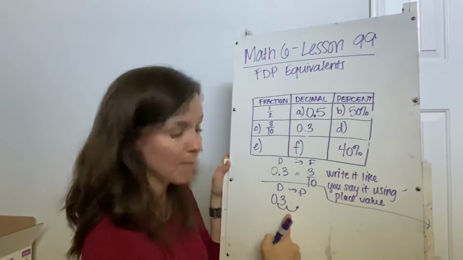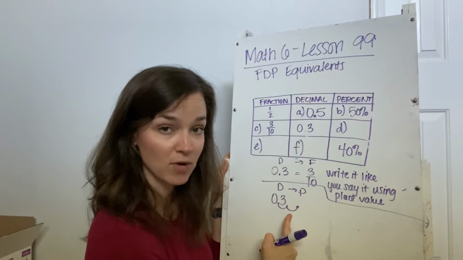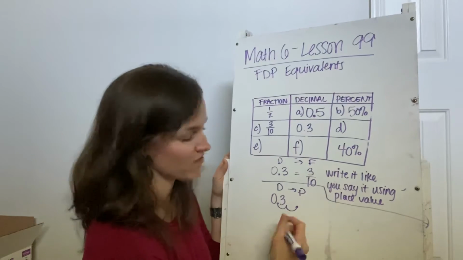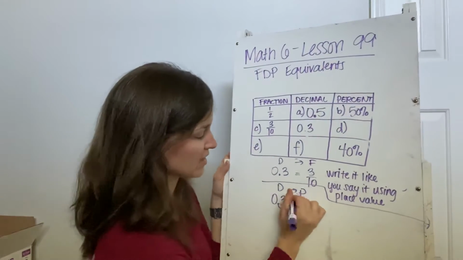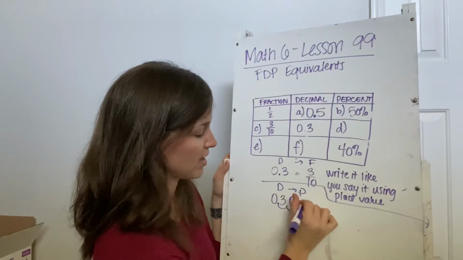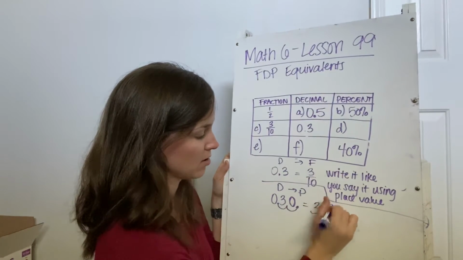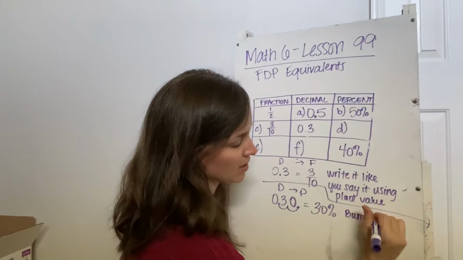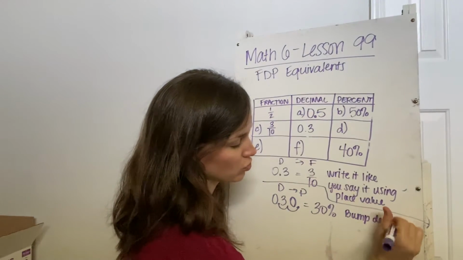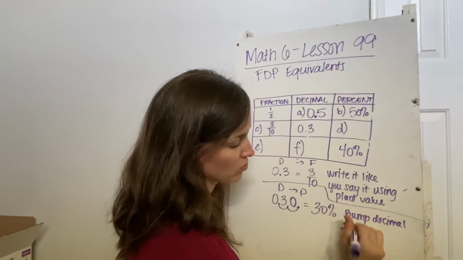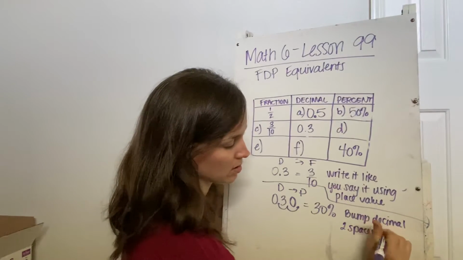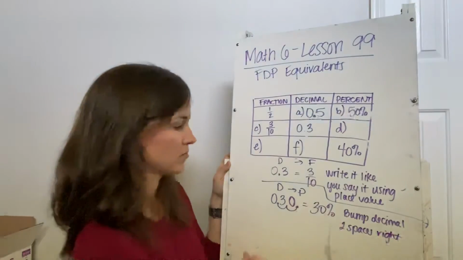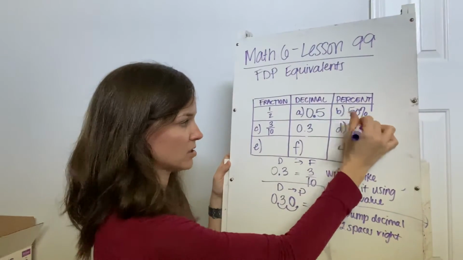So what happens when we have this empty space with no number in it? That's right, filler 0. So we plug that filler 0 in there, which would make it 30%. And again, that was done by bumping the decimal 2 spaces to the right. Awesome. So then that's 30%, almost done.